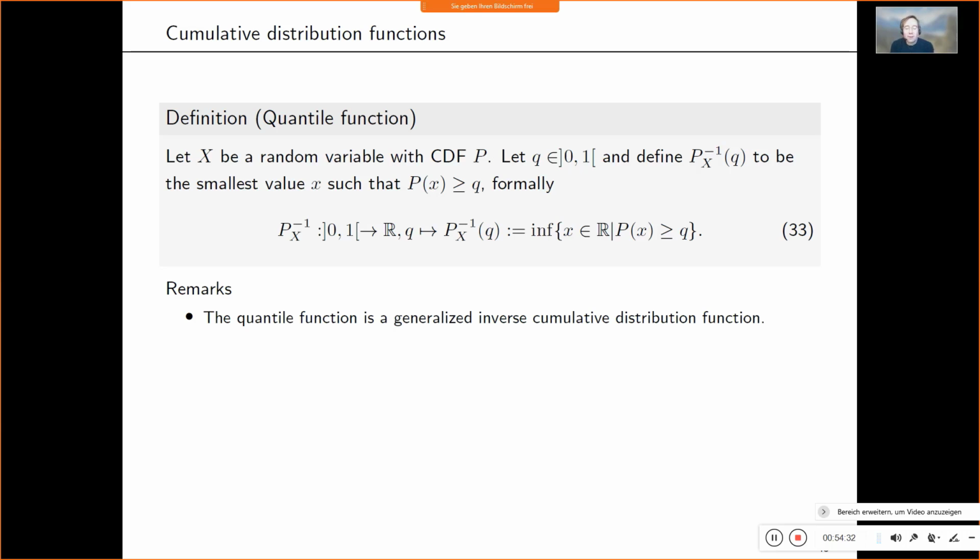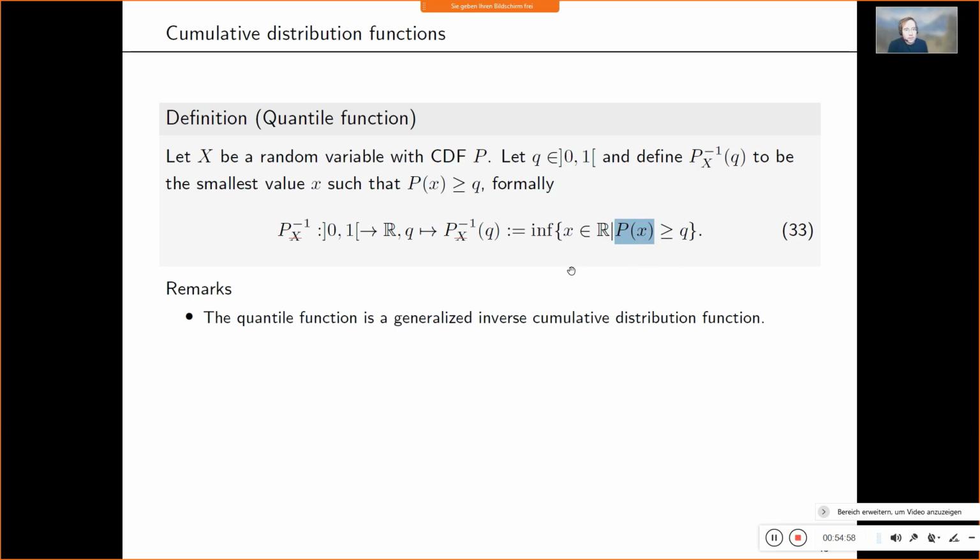So something close to the inverse of that is the so-called quantile function, which is defined as the smallest value of the random variable x, you can see here that there's still some x's in there, such that the probability for the random variable to take on values larger than x equals q.